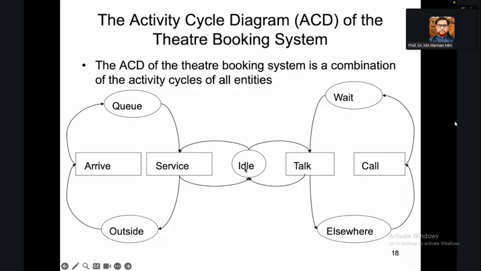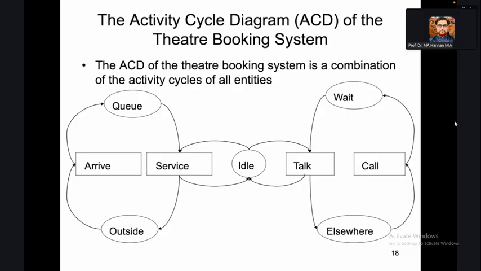Okay. Now, when a person is in the queue or arrived at the front desk, an active state, okay? So the booking clerk was in idle state, a person was outside, now arrived in the queue.